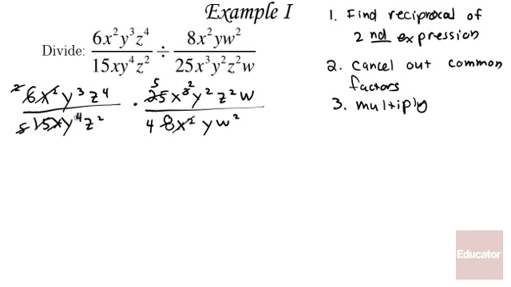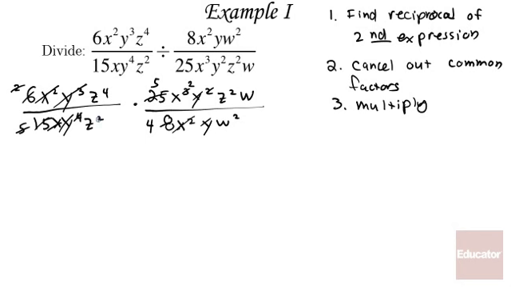I have y cubed here, y to the fourth here. This cancels, and it's going to leave me just with y. I've got a y squared here. Can cancel this y, make this just a y. I still have a y in the denominator. Those cancel. Okay, I'm getting there.